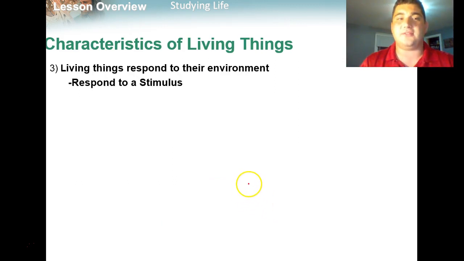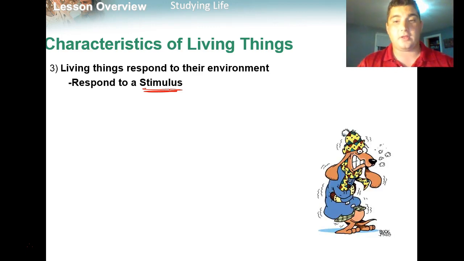The third characteristic of living things is that living things respond to their environment. They respond to a stimulus, and a stimulus is anything that is going to cause a reaction by a living thing in its environment. A great example of this is when it's cold outside.